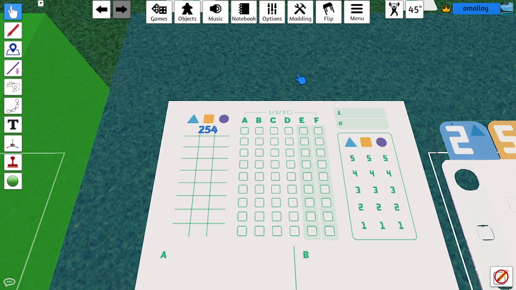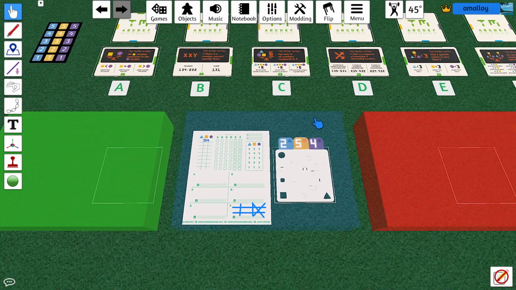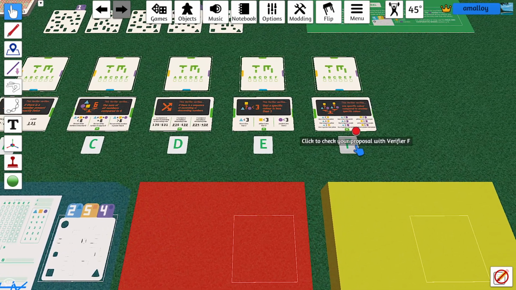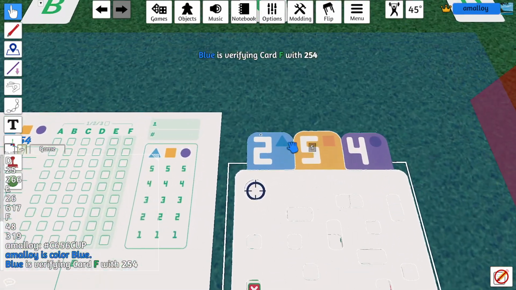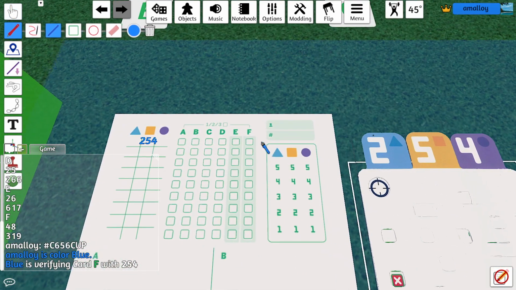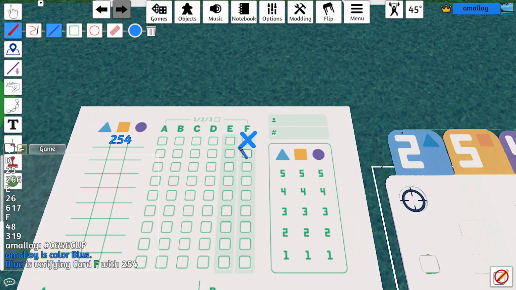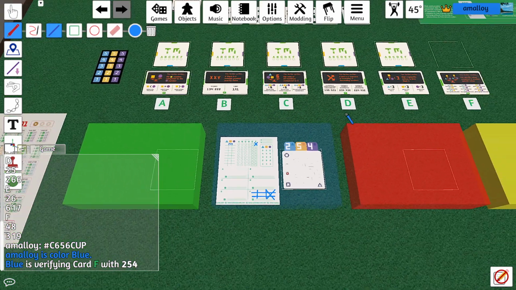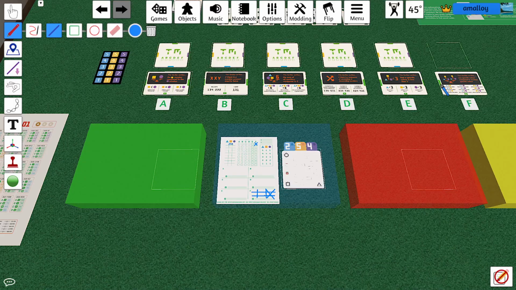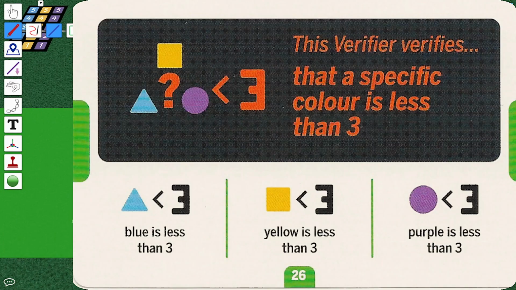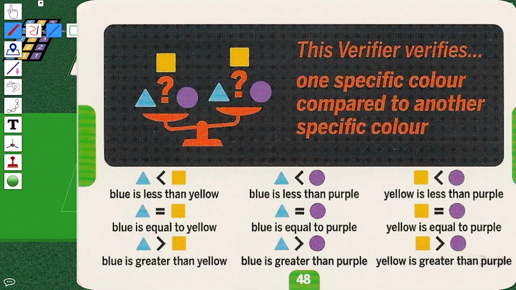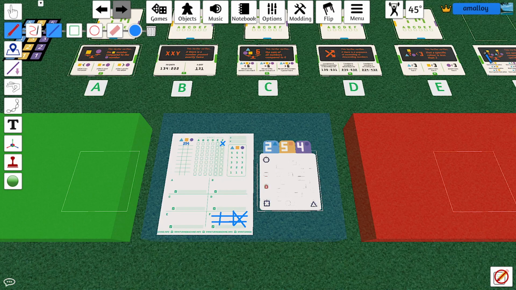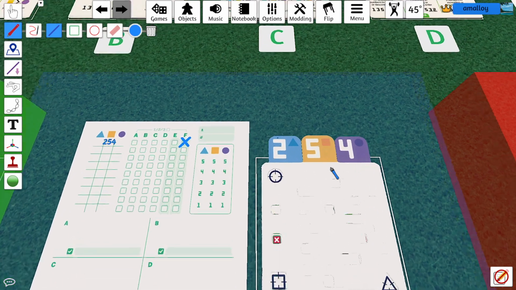254 is my first guess. And it wants to target F. We got an X, which tells us, oops. Well, right.